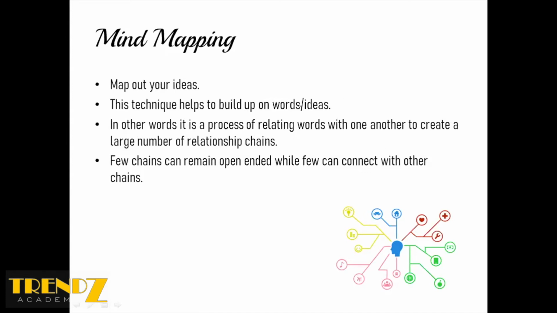Mind mapping, as the name suggests, is mapping out the ideas. This technique helps to build upon the words or ideas. In other words, it is a process of relating words with one another to create a large number of relationship chains. Few chains can remain open, and few chains can be linked to each other.